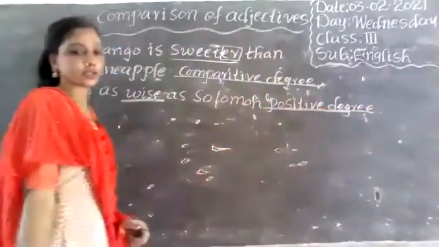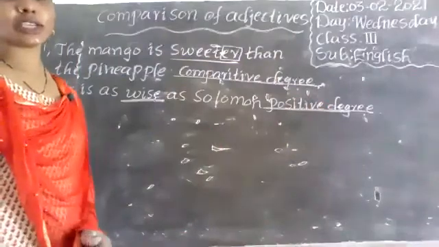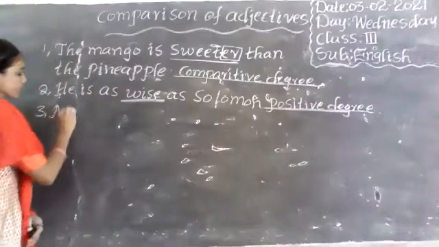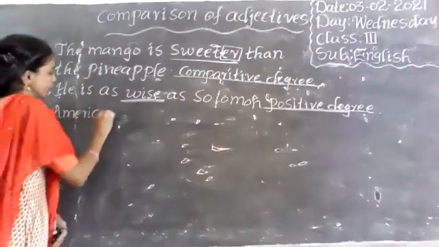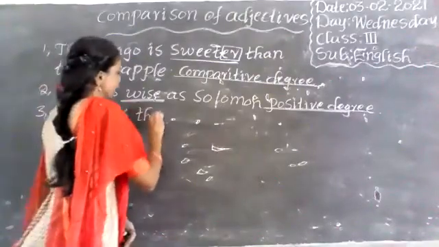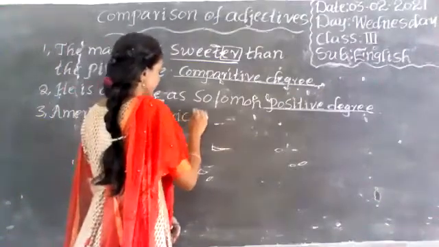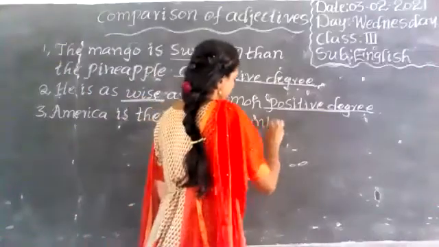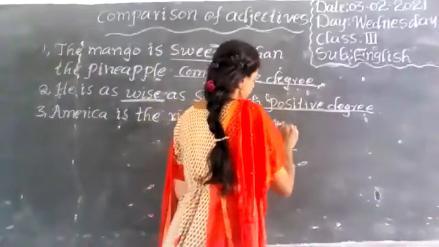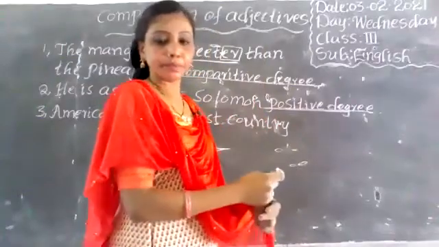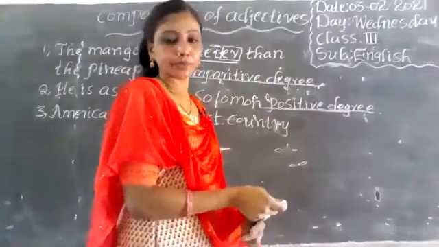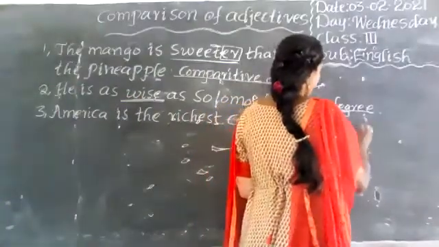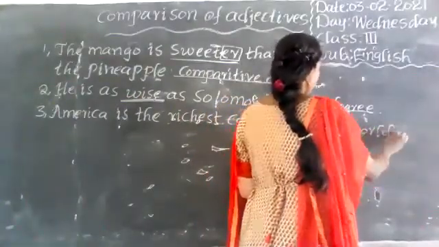Okay. Next sentence. America is the richest country in the world. Okay.